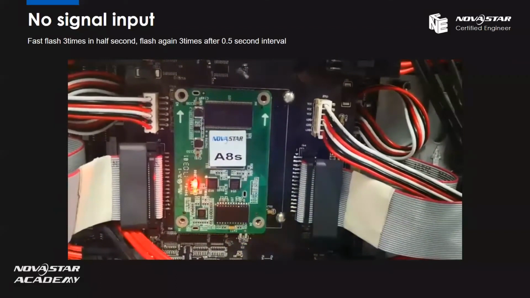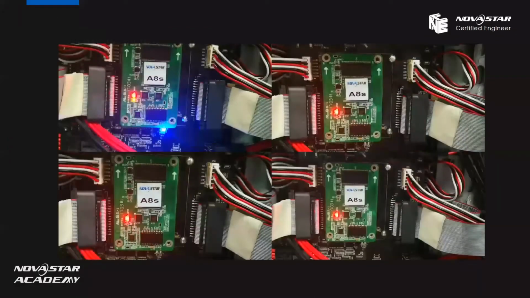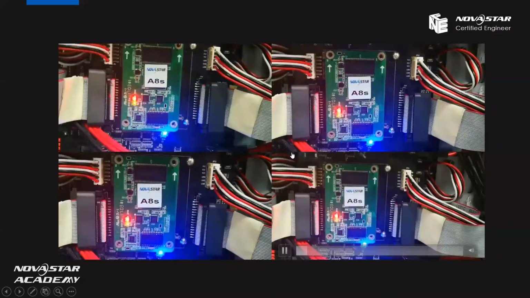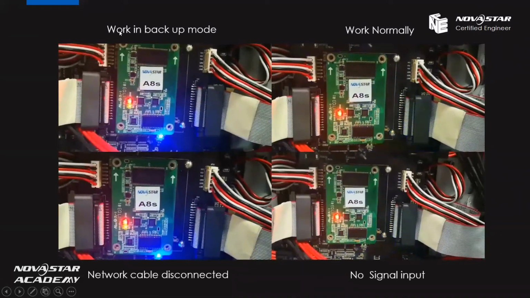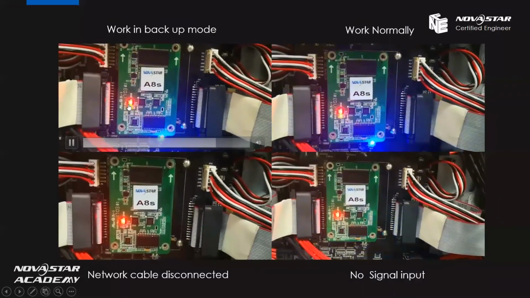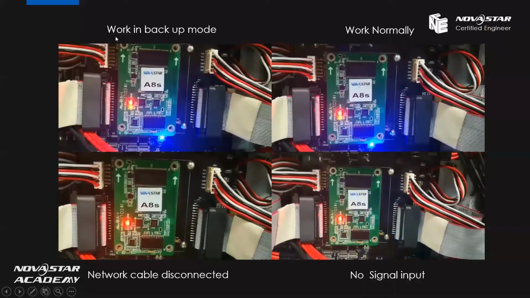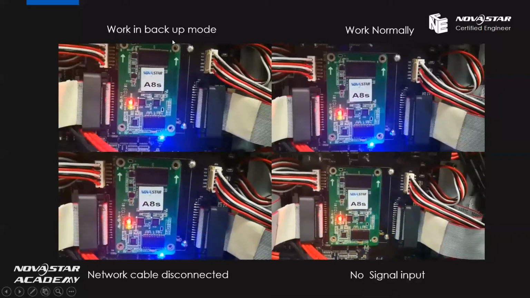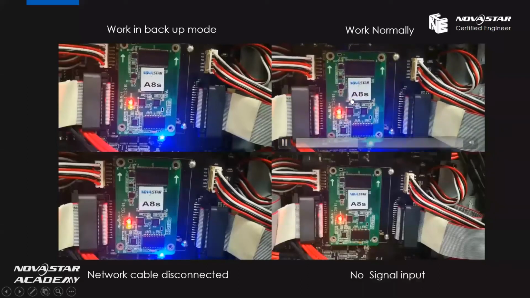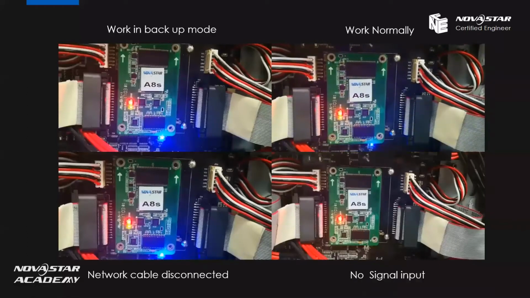Okay, let me do a small summary here. These are the situations I just showed you. The first one, the green light flashes 4 times in half a second, which means our receiving card works normally, but it is in the backup mode. And the second, the light flashes once a second, which means our receiving card works normally.